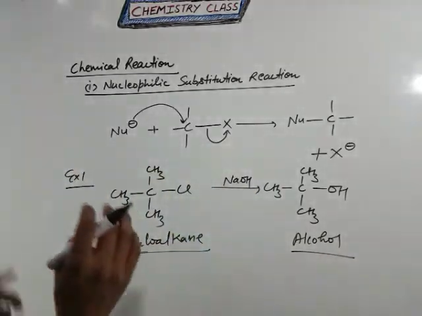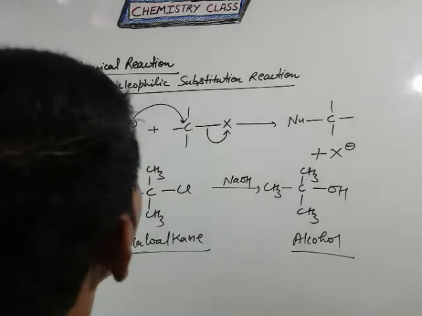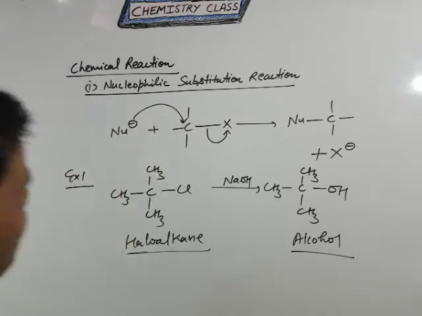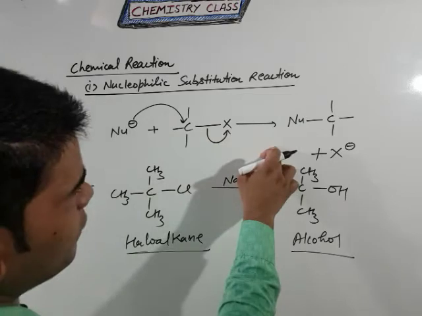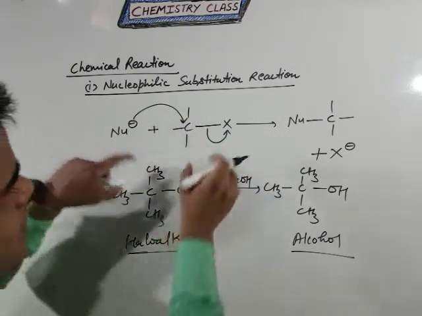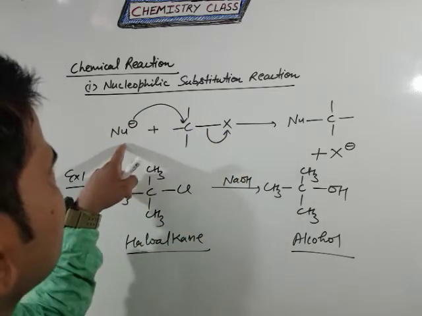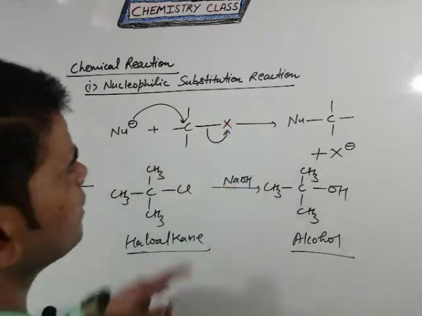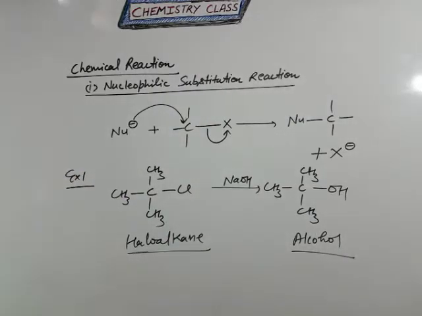Clear? So by nucleophilic substitution we get a new type of product, that is the main aim of the nucleophilic substitution reaction. In this case, this nucleophile is weak, but the other nucleophile is very strong compared to it. That is why it immediately attacks this carbon atom, this nucleophile leaves the system, and then a new type of product forms.